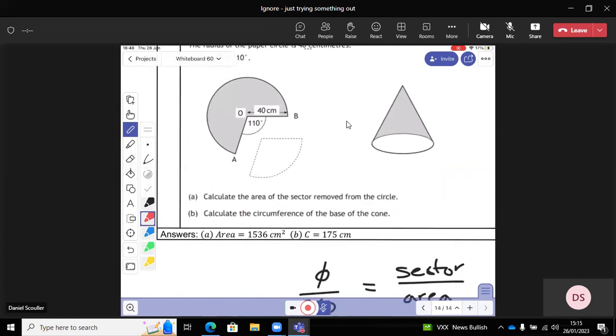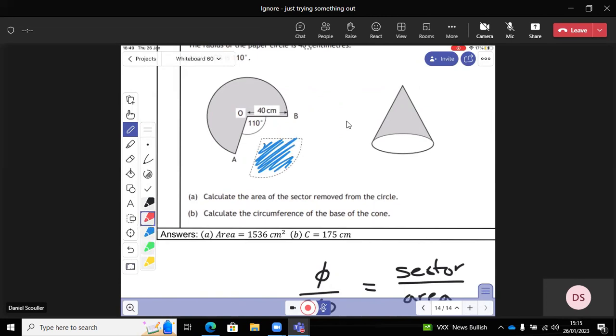Calculate the circumference of the base of the cone. Now, I think that's not particularly clear, but what they're looking for is the major arc. They're looking for the outside surface A to B. So in part A, we worked out the minor sector.